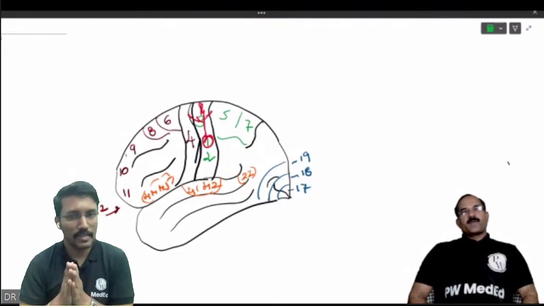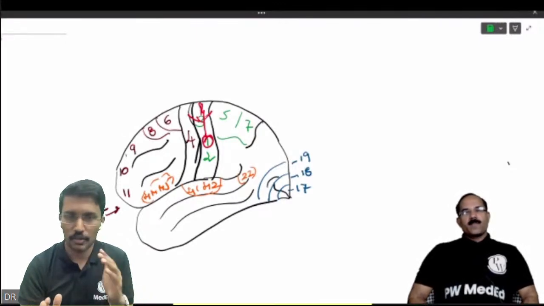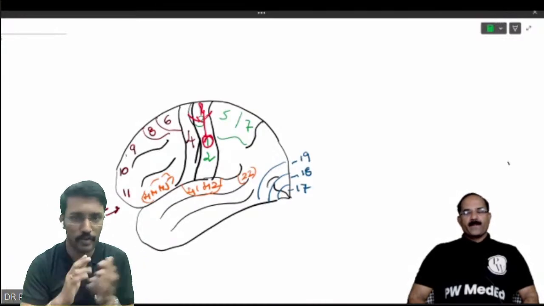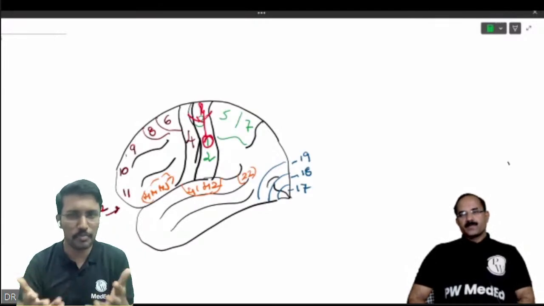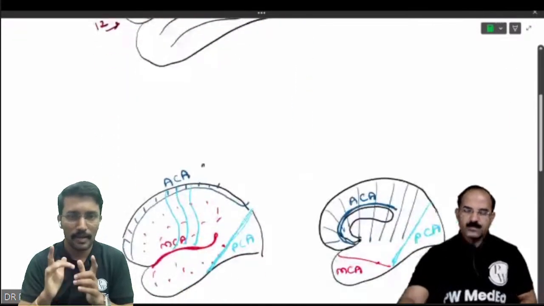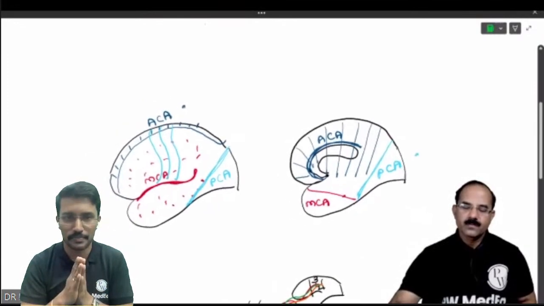So in that case, can I say that cortical stroke has a differential weakness? Pretty much, right? So in cortical stroke, either face and upper extremity is affected more than the lower limb or vice versa. And is it possible for us to identify which blood vessel may be responsible for this differential weakness if it is a cortical stroke? Pretty much likely, right? If you remember, Pradeep sir showed you the blood supply.